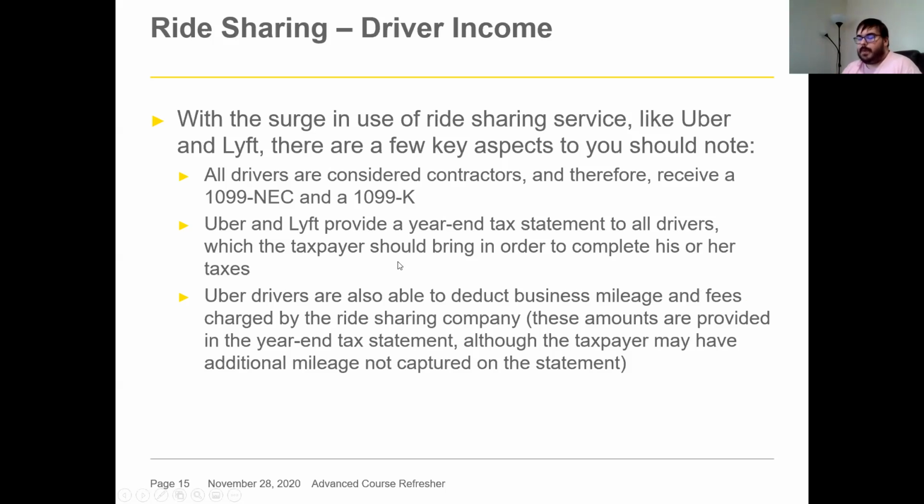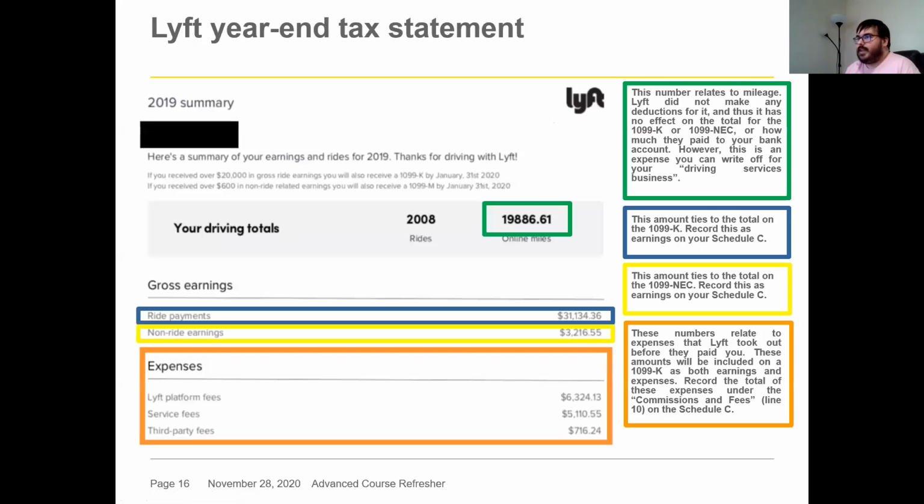And that's usually what we go by, because they won't send the physical 1099 to them. But these statements are also good because they tell them how much business mileage they counted and what fees they charged them that they can potentially deduct. Although there's always the chance that there might be additional mileage than what is captured on the statement, but the person should have some record of it. So we would have to ask.